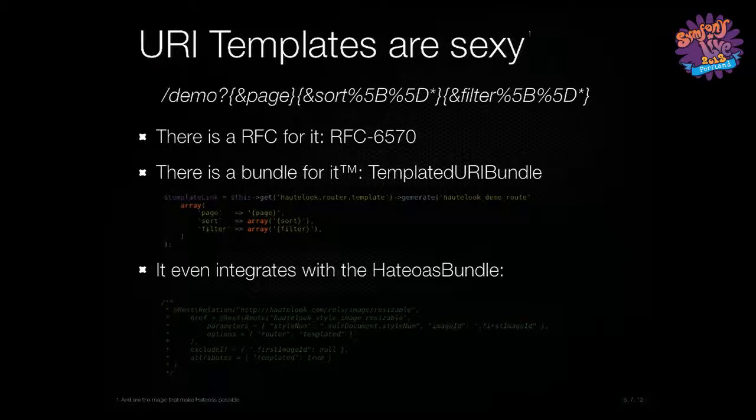So I think I mentioned it before, but HAL and HATEOAS really are two things. They're a format, sort of like a media type, but then there's kind of a philosophy behind it. The philosophy is that you have links and embedding, and you have documentation. A HAL API is basically self-discoverable.